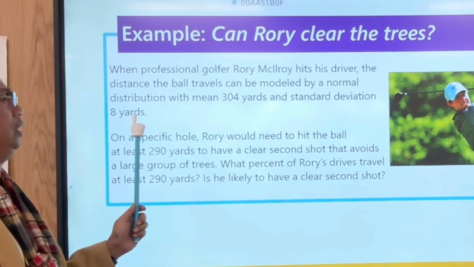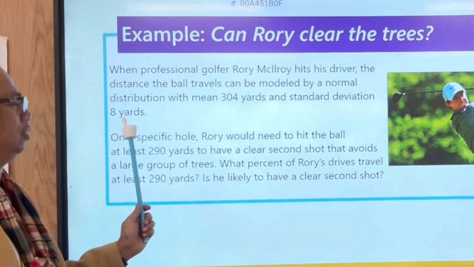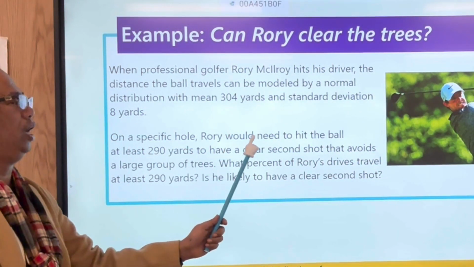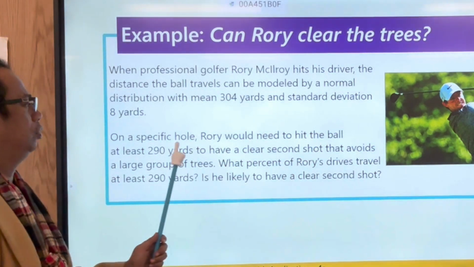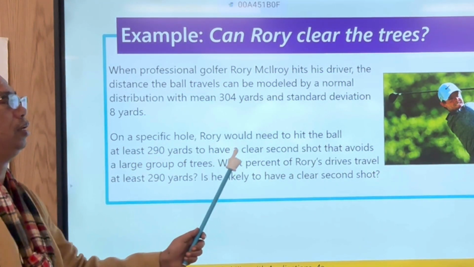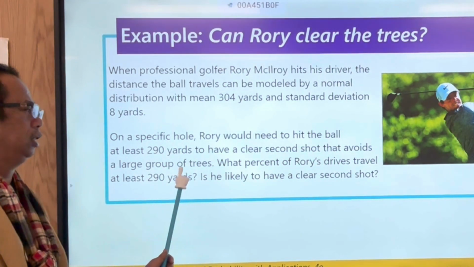So these are the givens: mean 304, standard deviation 8. On a specific hole, Rory needs to hit the ball at least 290 yards to have a clear second shot that avoids a large group of trees.